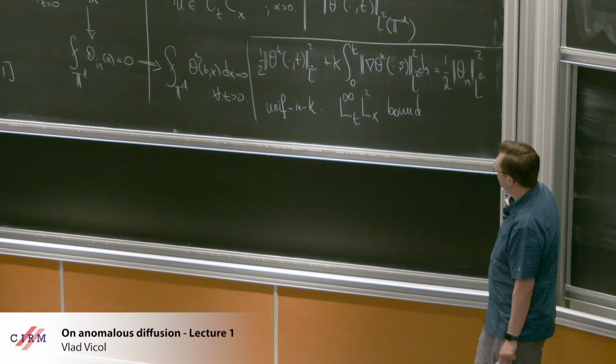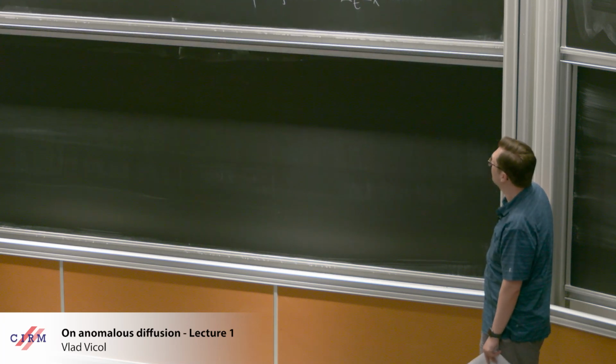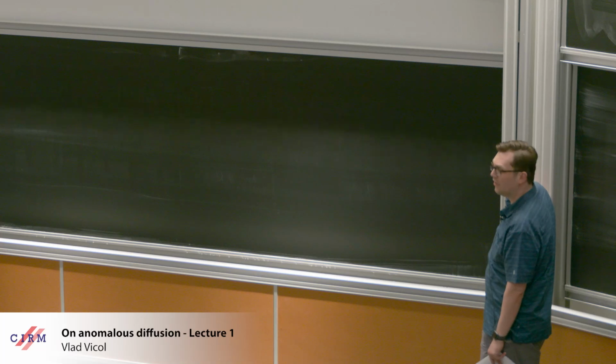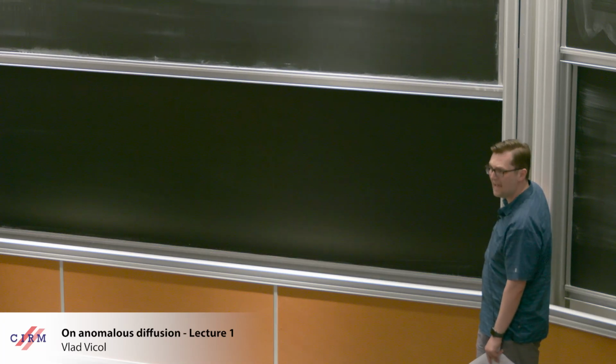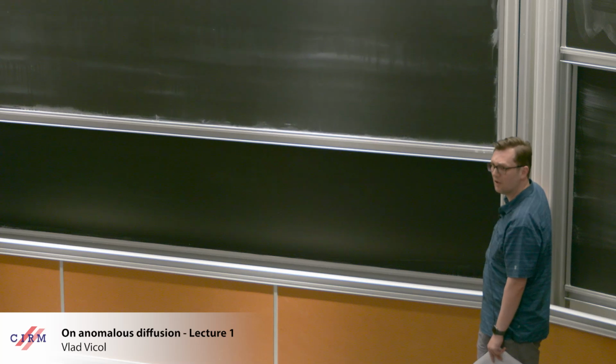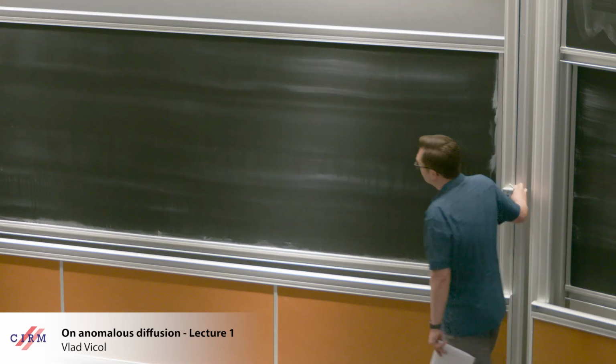What can you deduce from this bound? Well, again, this was already mentioned earlier, but let me just say it nonetheless. From Banach-Alaoglu, you get that there exist subsequences kappa n which go to 0, and along those subsequences you have weak star convergent limits.